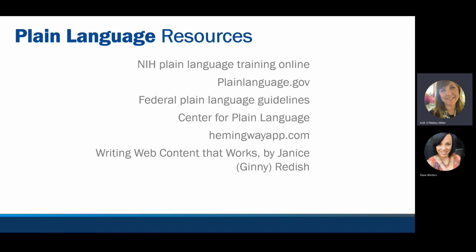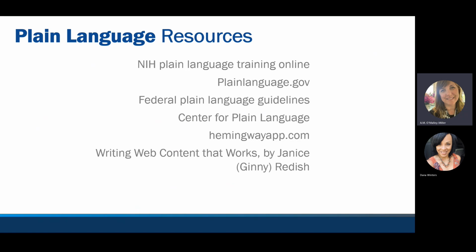All right, so the last thing I have for you is some resources. These are great tools if you are not sure if the work you're writing, if the email you're writing, is using plain language. You can go to these for lots of resources. The Hemingway app is one that I use quite a bit. You can actually just plug your text in.